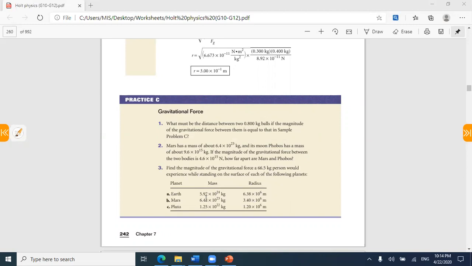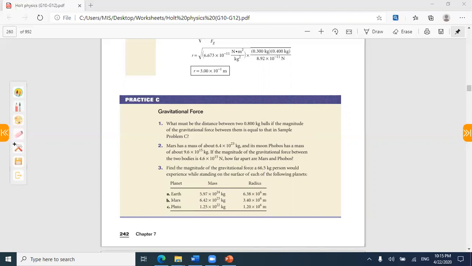But what I am going to do in this equation is to find the gravity of each planet. This way is better. And then, to practice the second equation, F_g is equal to mass times gravity. We have the mass of the object, which is 66.5, multiplied by the gravity of each planet.